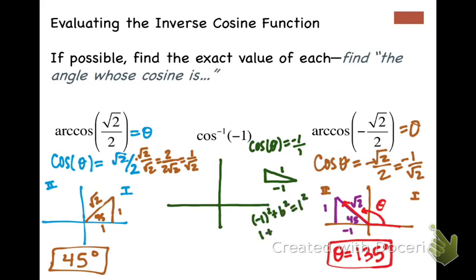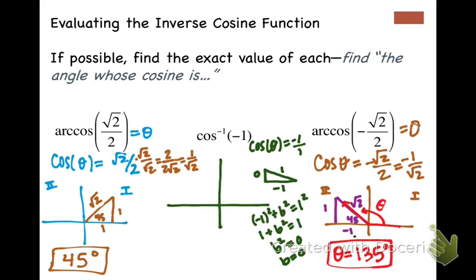Or 1 plus b squared equals 1. So b squared equals 0. That makes b equal to 0. So this length right here is 0. So that's not really a triangle at all.